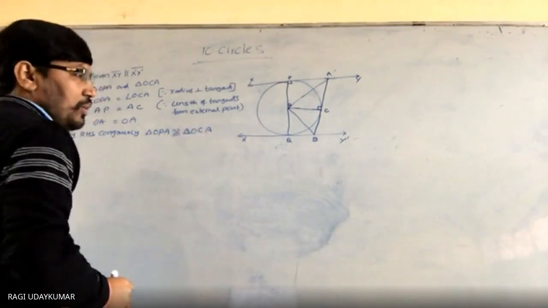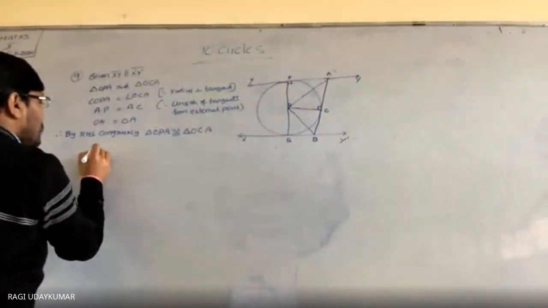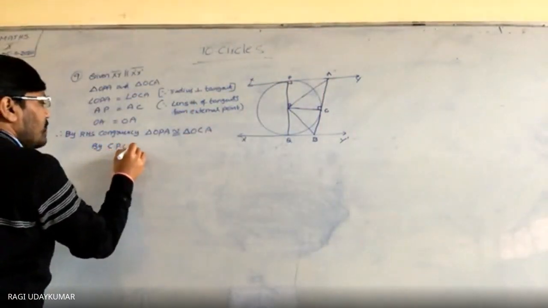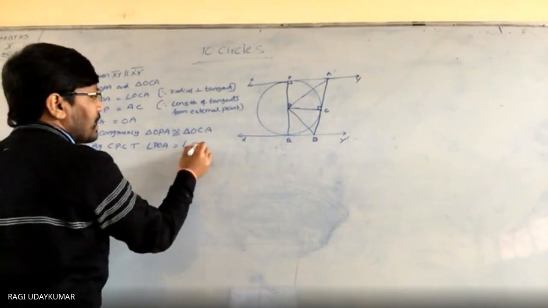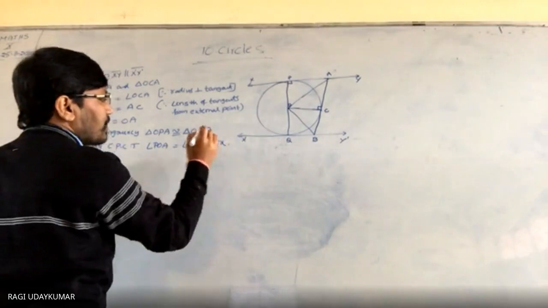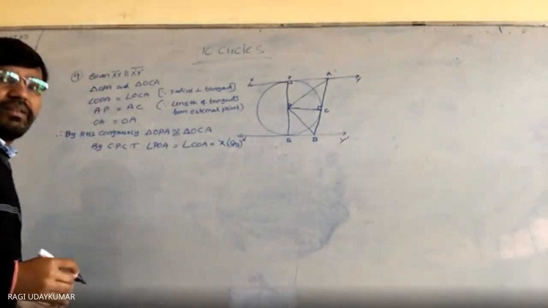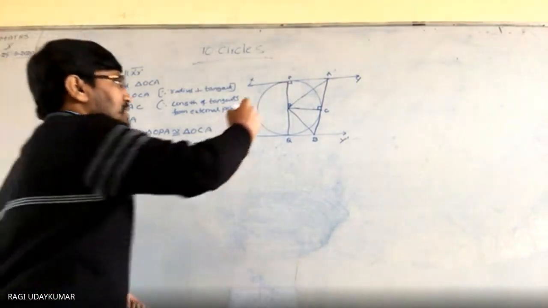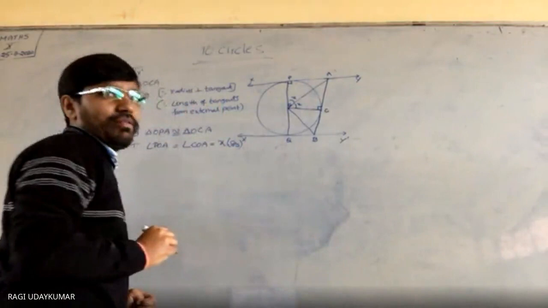So from that, you can consider that angle POA by CPCT, angle POA is equal to angle COA. Let us consider, I am writing here say, that is nothing but you can write here this as X, this as X. Both are equal.